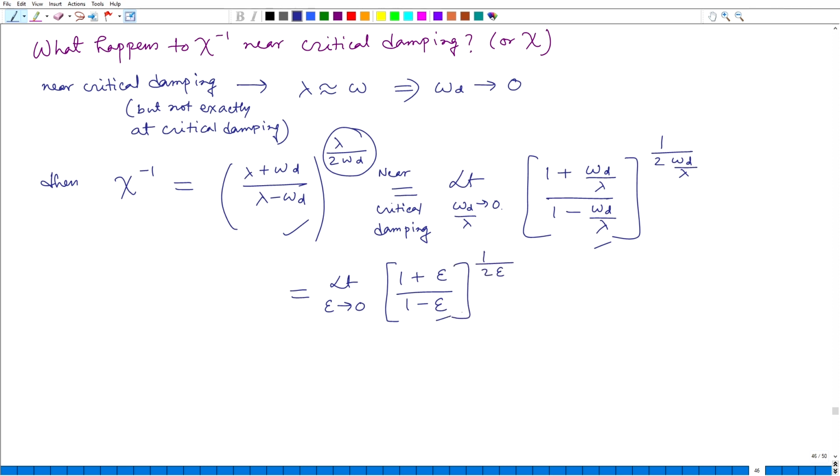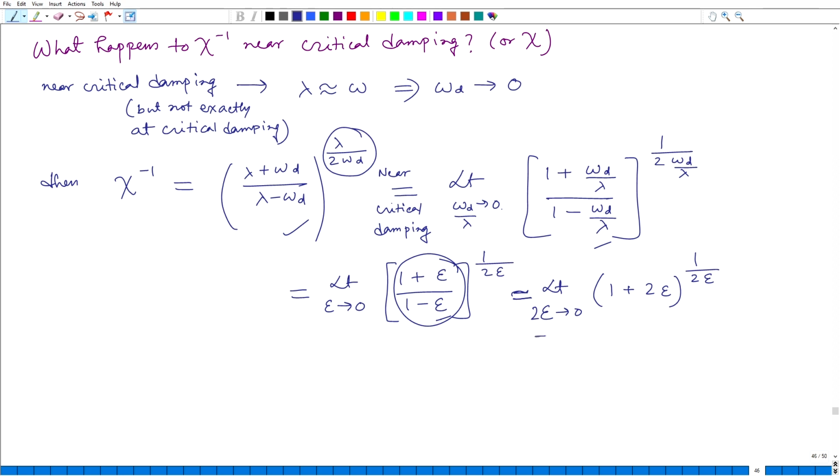Now, since epsilon tends to 0, then you can actually say this is reasonably 1 plus 2 epsilon almost, whole to the power 1 by 2 epsilon. Okay. I can also write this as 2 epsilon is also tending to 0.